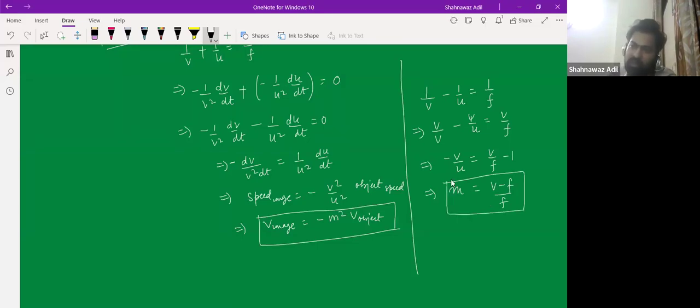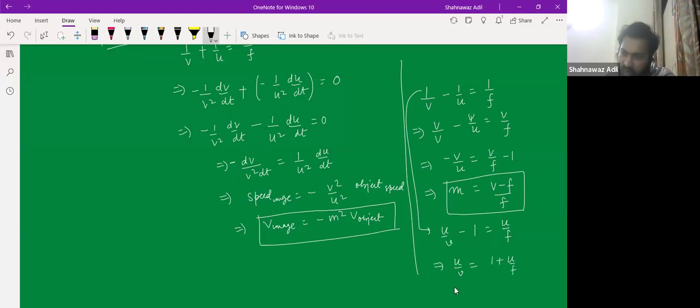Or if we want to write it in terms of u only, we multiply this with u, right? So that would be u by v, and this is 1, and this is u by f. So this is u by v, and this is 1 plus u by f.